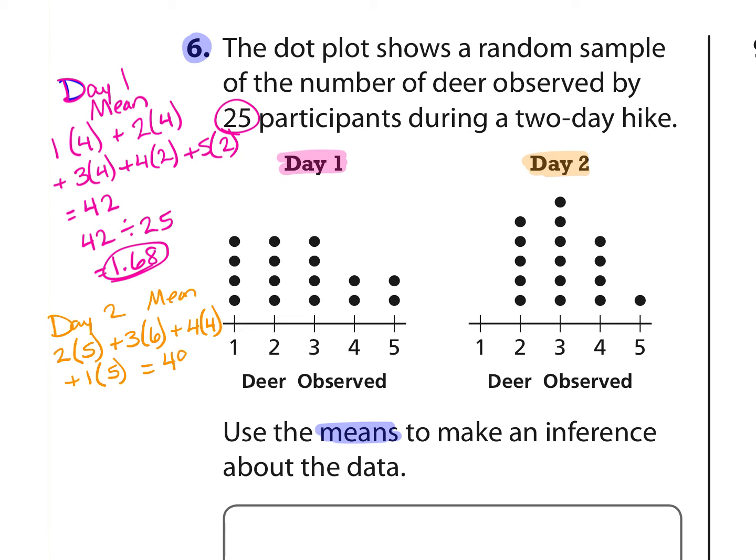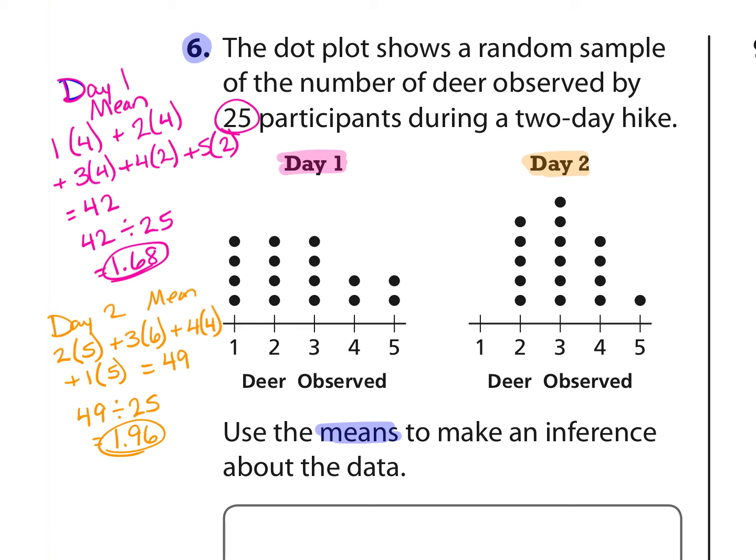So we add those up and that comes out to 49 deer observed. But we're going to divide that 49 by 25 to get the mean. So when we divide by 25, we get 1.96. So the average on day 2 was seeing 1.96, or almost 2 deer.